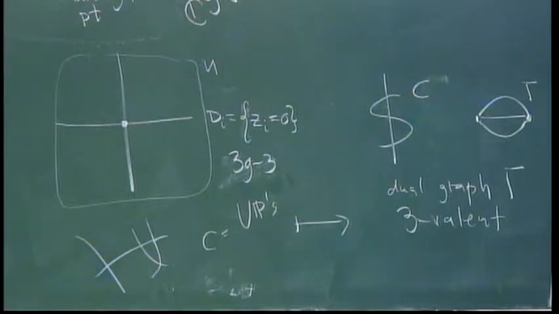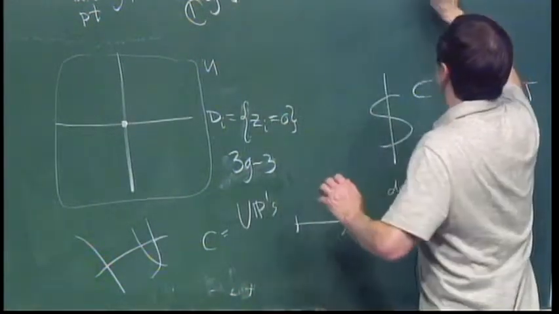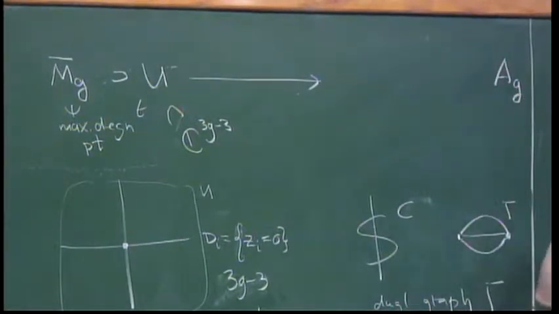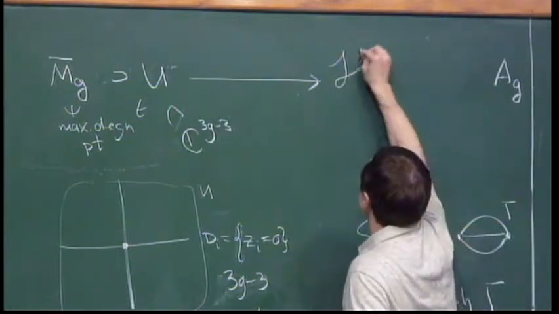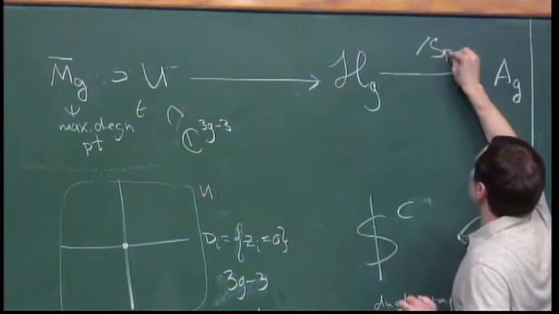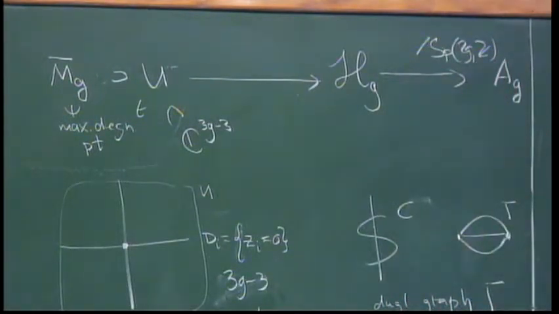So, in this situation, now from M_g, you have a map to A_g, but A_g is a quotient of the Siegel upper half plane by this arithmetic group.